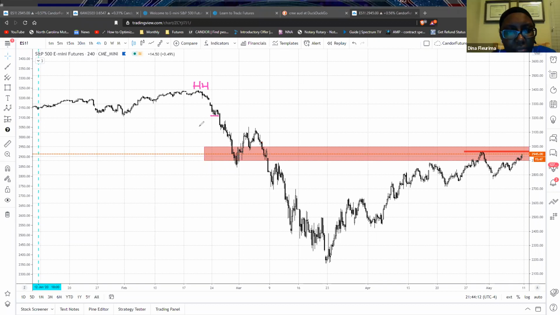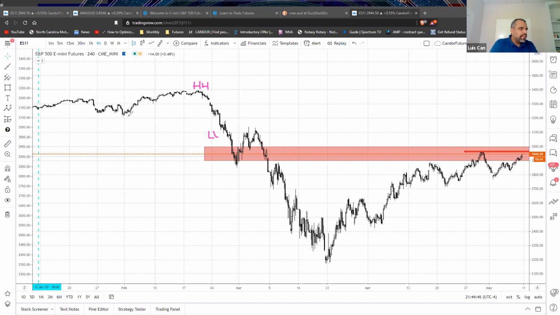A higher low, I'm sorry, a lower low, because it went lower than this. And actually, no, that's not it. It is a level, but the lower high, shorter lower low will be right here.